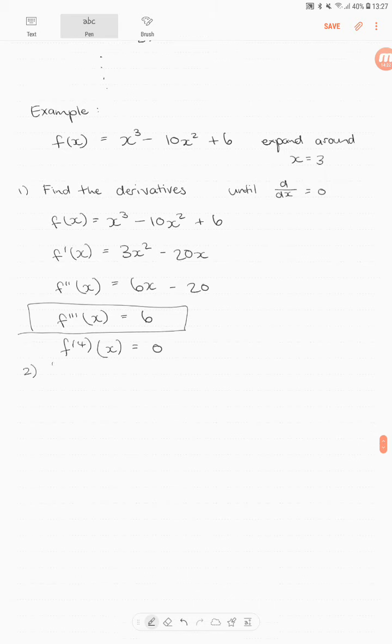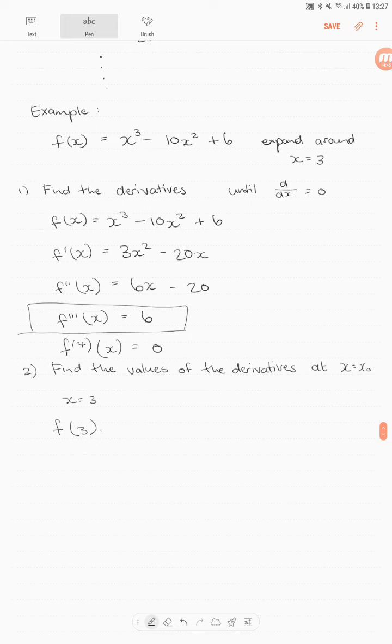So second, we find the values of the derivatives at x equal to x0. In our case, x equal to 3.